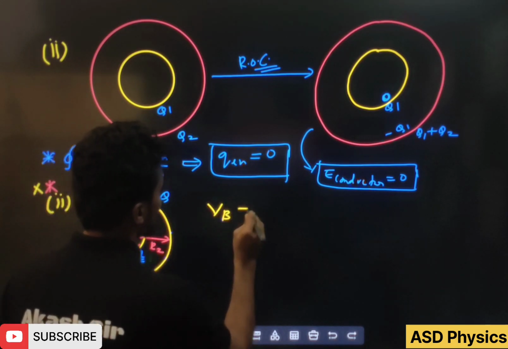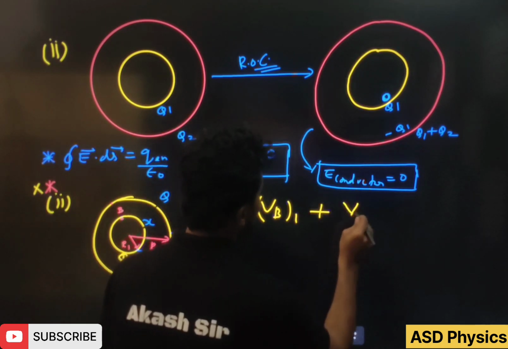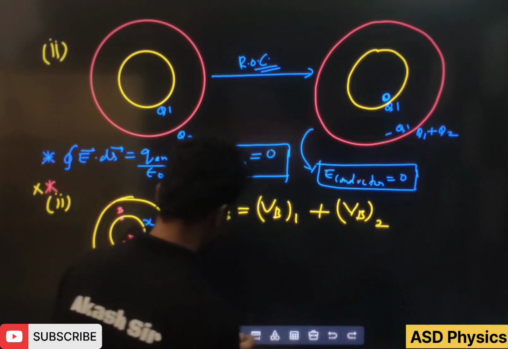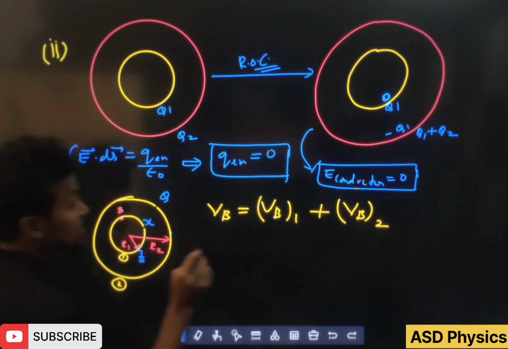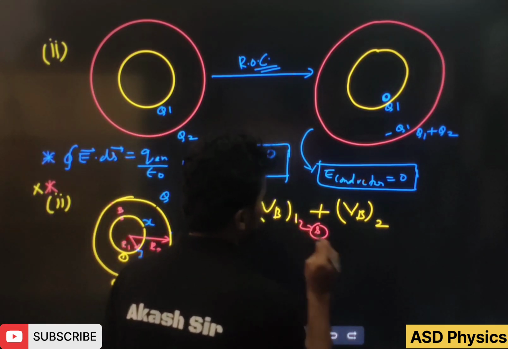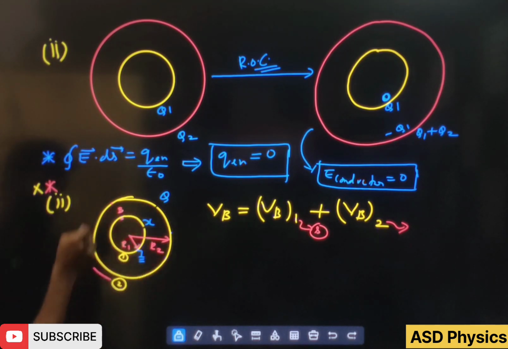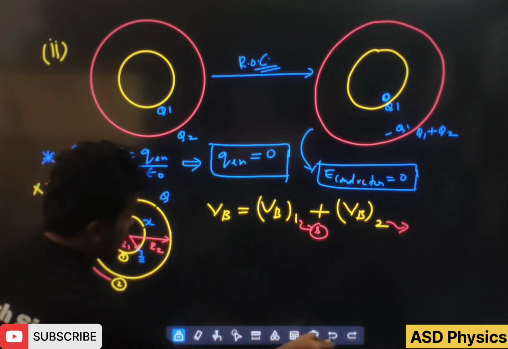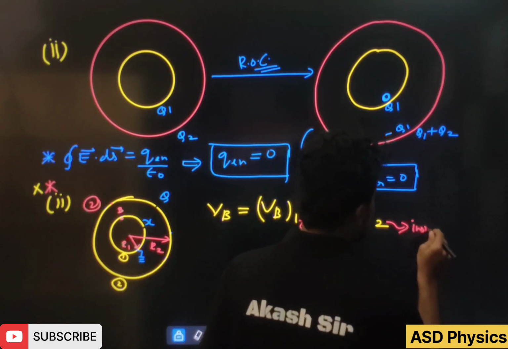So potential at point B is VB1 plus VB2. Now tell me please, B with respect to 1 is where? On the surface. And B with respect to 2? The outer one is the 2 here. So B with respect to 2 is where? Inside.